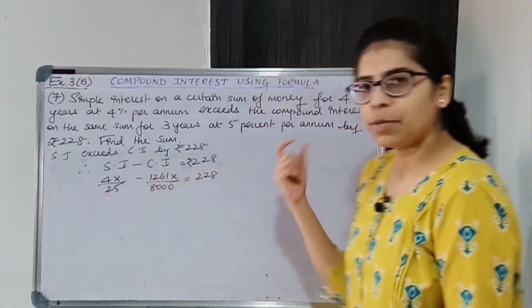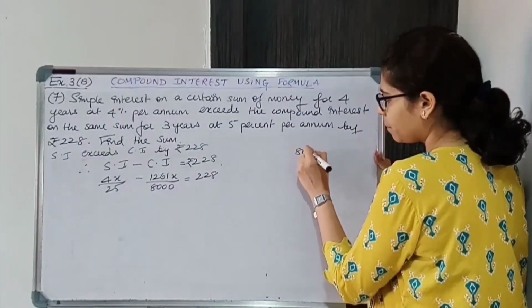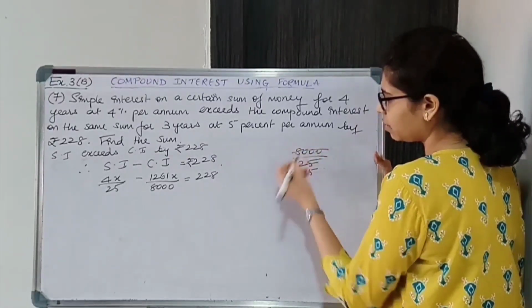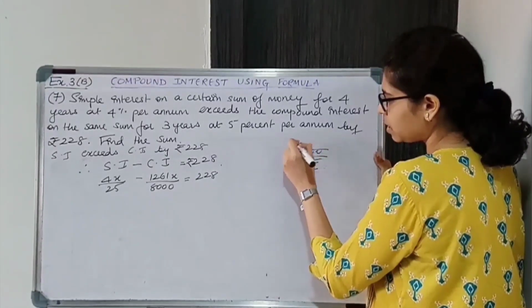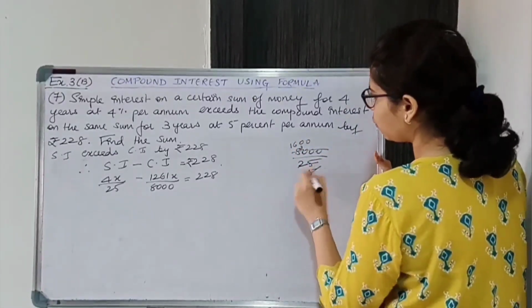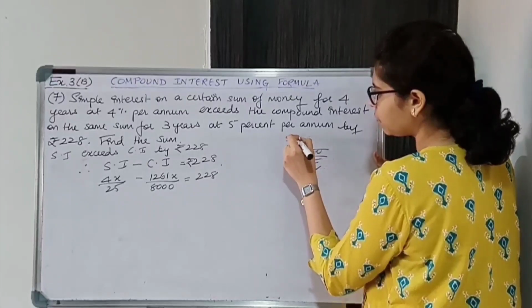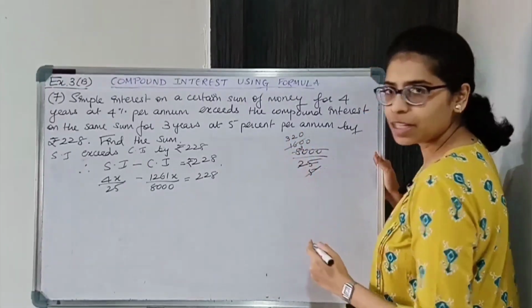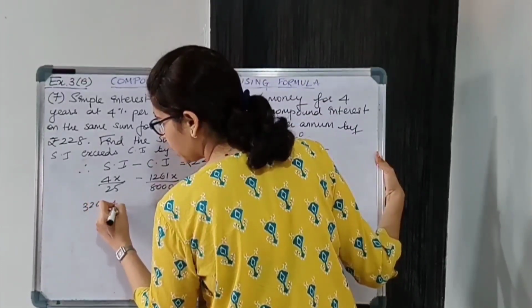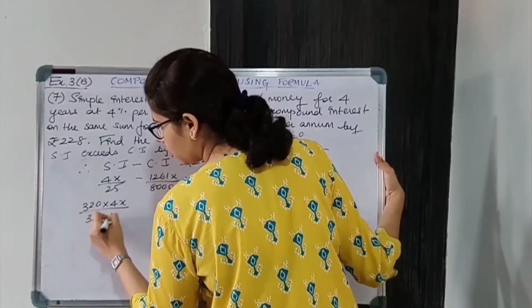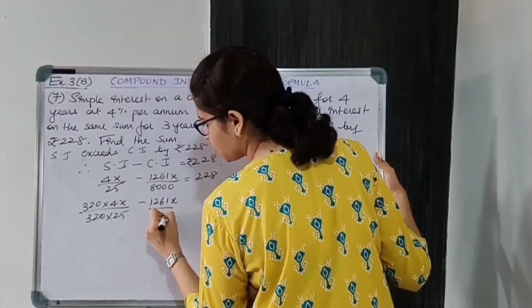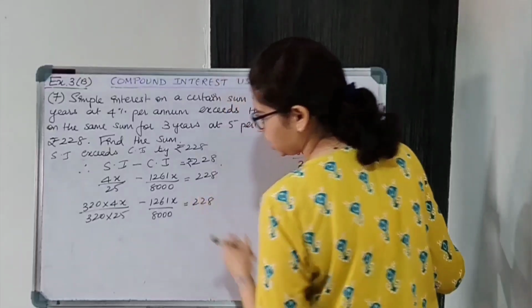So 8000 divided by 25, let us see. 5 fives are 25, 5 ones are 5, 5 sixes are 30 and 0 0. Okay, so 5 threes are 15, 5 twos are 10 and 0. So we'll multiply by 320 in both numerator and denominator. So 320 into 4x upon 320 into 25 minus 1261x upon 8000 is equal to 228.